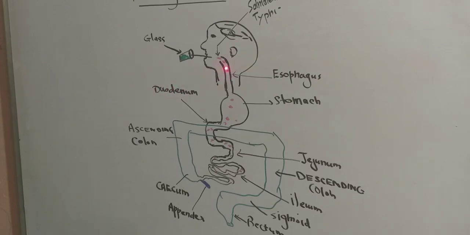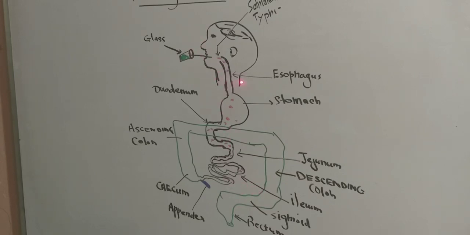This water contains these red dots, which are the Salmonella typhi. This person ingests this water, and after going through the esophagus and the stomach, it ultimately enters the small gut, which has three parts: the first is the duodenum, second is the jejunum, and the last one is the ileum.